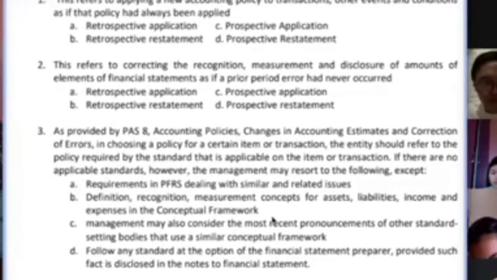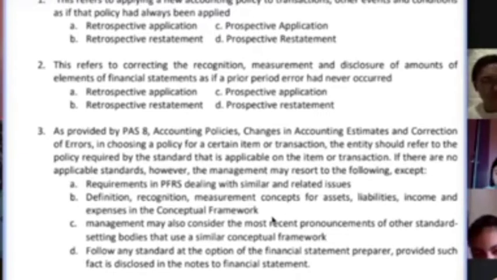So that's correct, class. Letters A, B, and C are actually provided in the standard on how to deal with areas in which no applicable standard is available. Now, what I want you to take note of, class, is that A, B, and C are in a hierarchy. If there's no applicable standard, you must first look for similar requirements in the standards for similar and related issues. Do not go immediately to the framework, class.